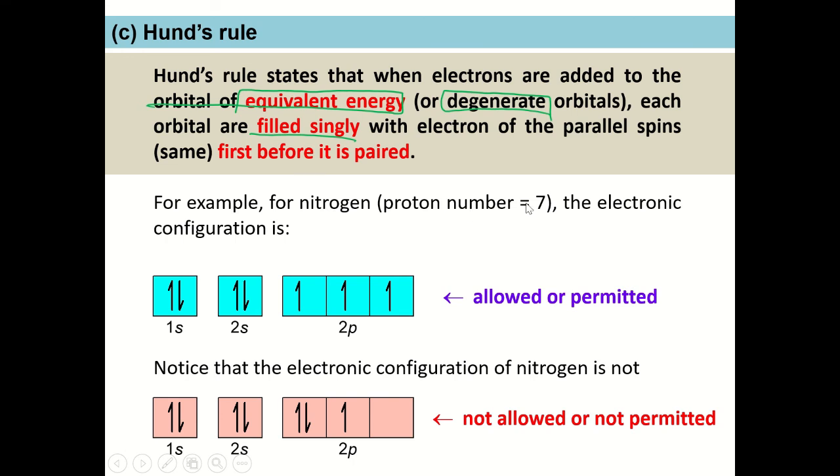For example, nitrogen, proton number 7, the electronic configuration is 1s2, 2s2, 2p3, right? And these three electrons should be filled up singly first.